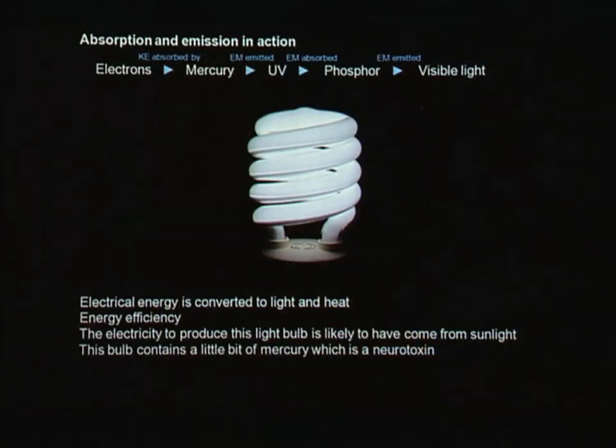The electrons hit that mercury and give it the energy to emit ultraviolet radiation. That ultraviolet gets absorbed by this chemical, the phosphor, on the inside of the bulb, and it's the phosphor that generates visible light as the end product.